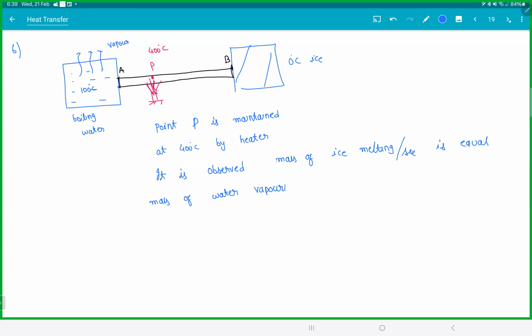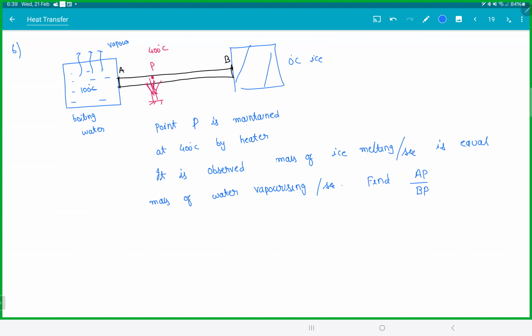So however much steam is being produced, the same amount of ice is also melting. Find AP by BP. Find the ratio of AP by BP. Meaning, where do you keep the flame exactly?